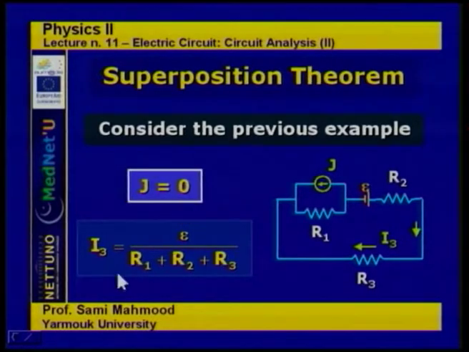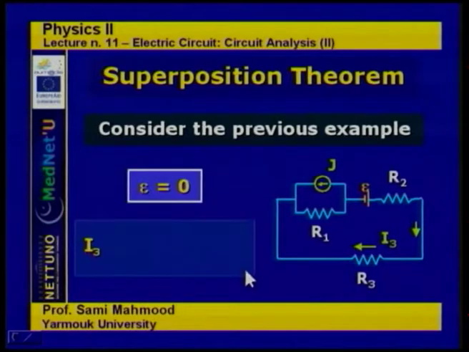In the beginning, we set the current generator as being absent, J equal to 0. And we will have a circuit which has epsilon in a loop, in series with R1, R2 and R3. So the current set up by epsilon is simply epsilon over R1 plus R2 plus R3. That is the contribution of the electromotive force. And secondly, we set epsilon equal to 0, and we calculate the effect of the current generator.